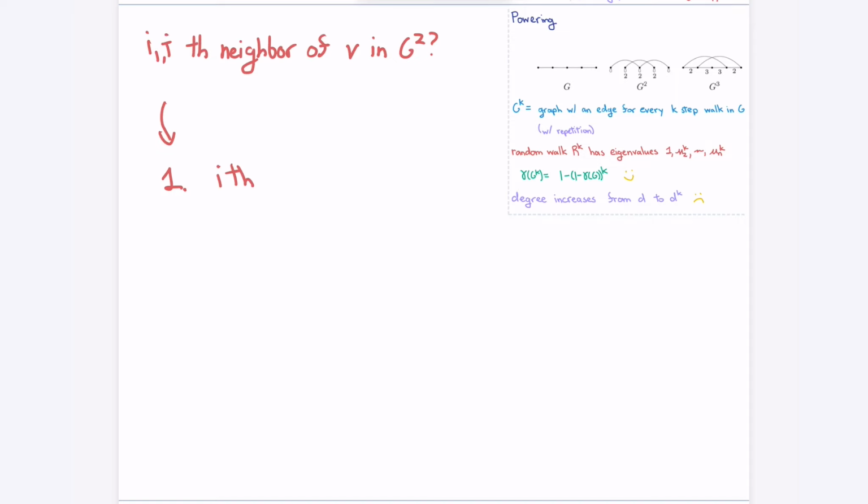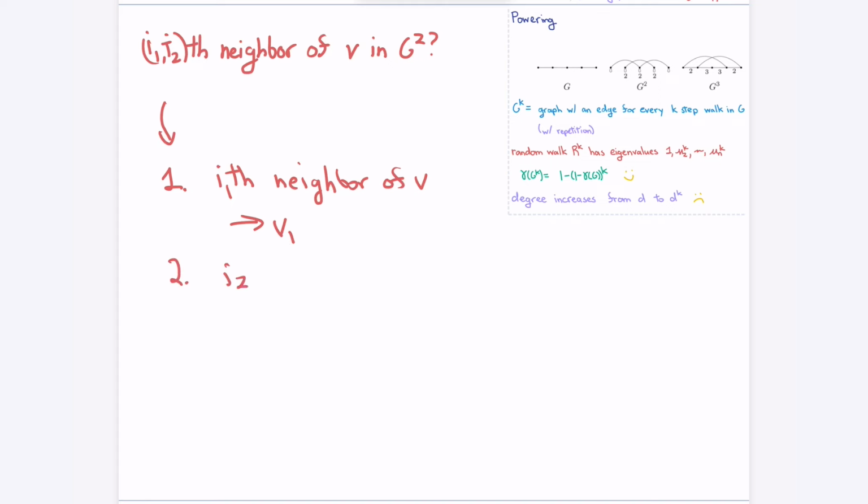The reason I want to think of it as I1, I2 is that G squared has degree D squared, where D was the degree of G. So I can think of D squared as just two choices, one out of D each. First you ask, what's the I1th neighbor of V, and that returns some V1.